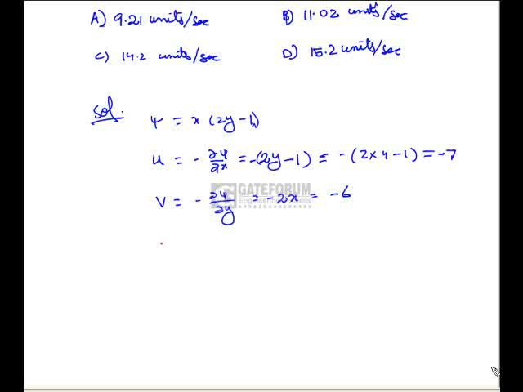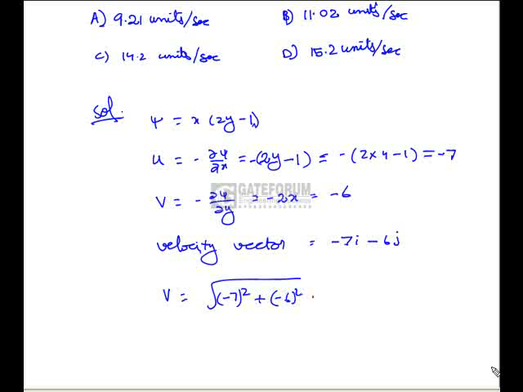Now the velocity vector is equal to minus 7i minus 6j, so the velocity at this point is the root of (minus 7) whole square plus (minus 6) whole square, which is equal to 49 plus 36, and on simplification we get v equal to 9.21 units per second. We don't have specific units, either meters or meters per second or mm per second, so let's use units per second. So the correct option is A.